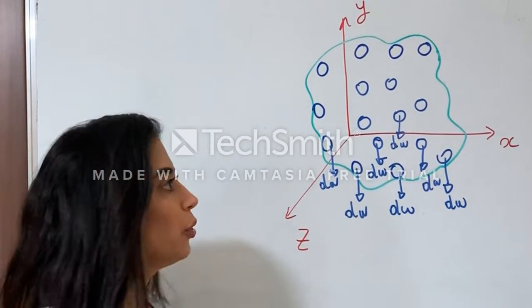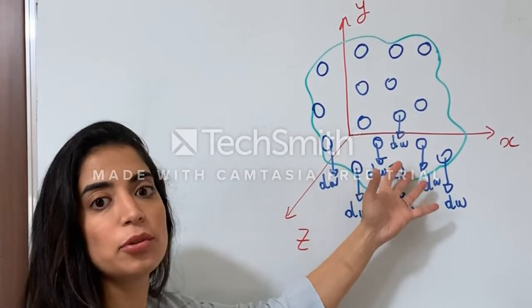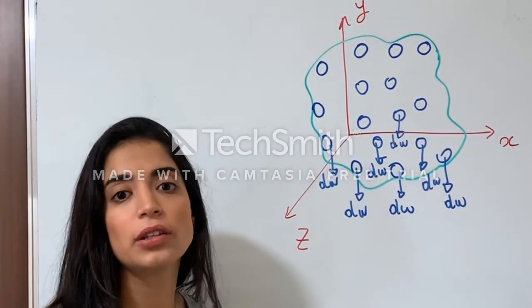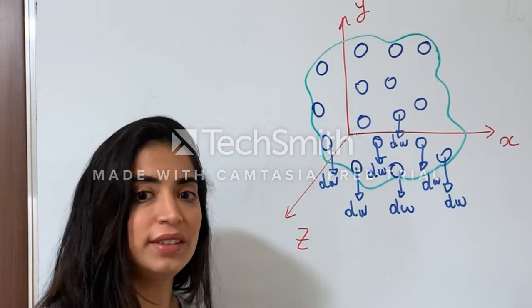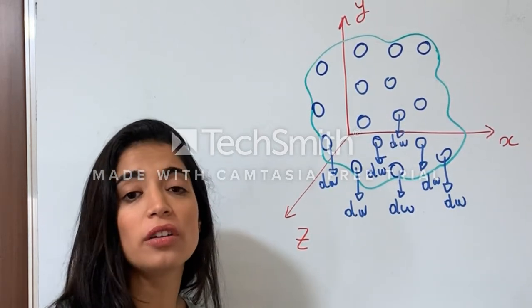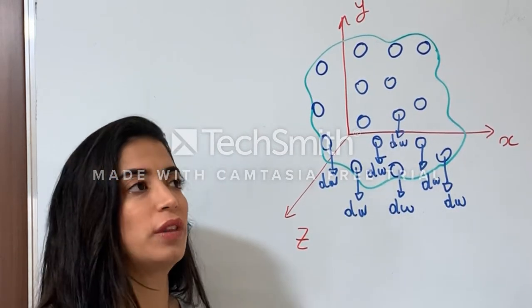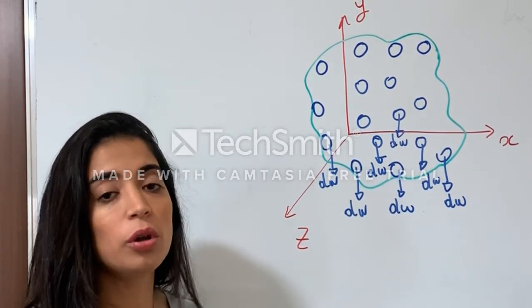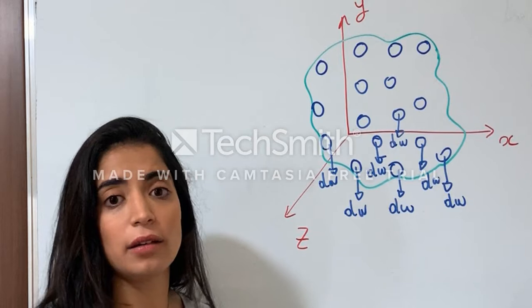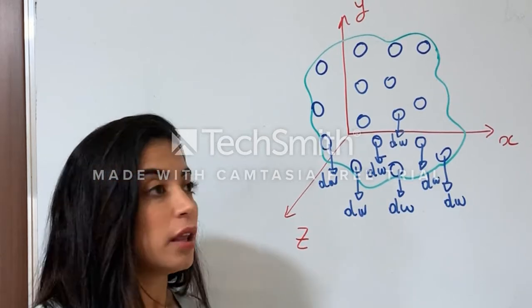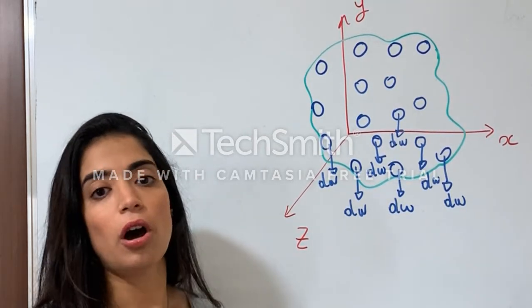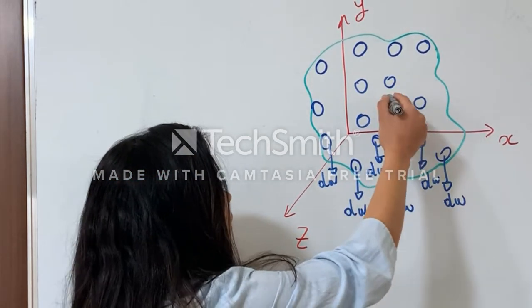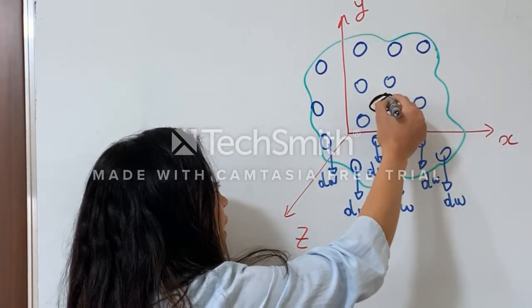So guys, basically I know that a rigid body is composed of an infinite number of particles. Each of them has a weight of dw or d weight. And I need to find the location of the centroid or of the center of gravity for the whole rigid body. And I know basically, guys, that the resultant weight of this whole body will be located at a certain x, y, and z, let's say here.